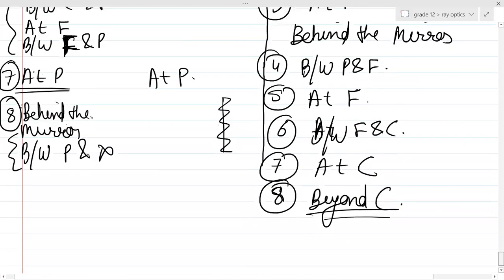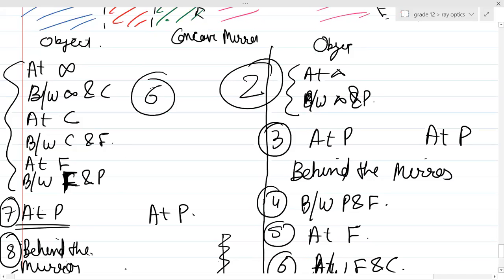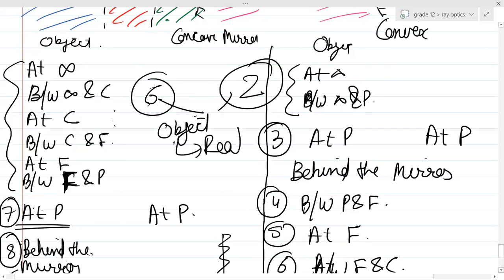Yes or no? So guys, can you see total how many cases are there? There were 8 cases for concave mirror and 8 cases for convex mirror, but your teacher taught you only 6 for concave and 2 for convex. Why? Because in all these cases the object was real.